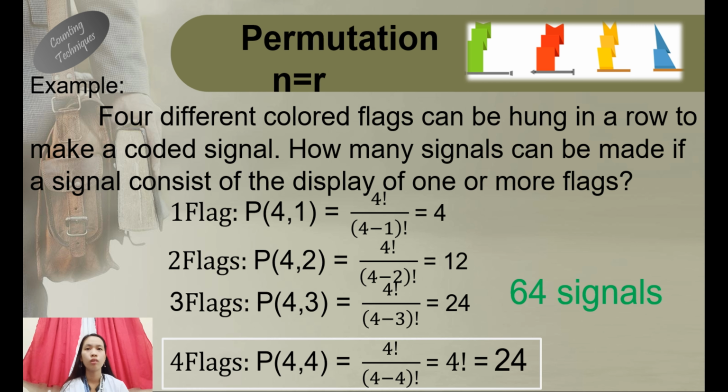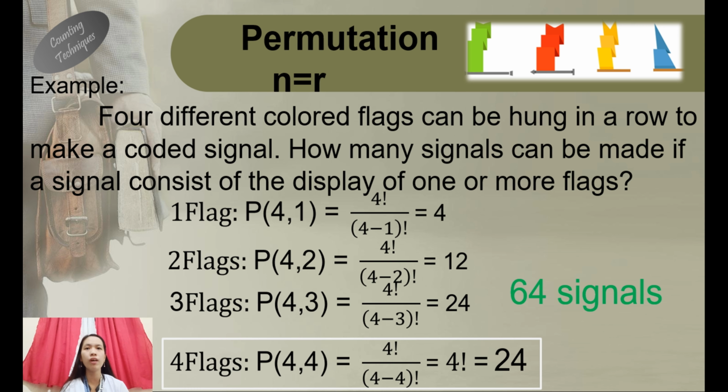Because 4 minus 1 is equal to 3, we come up with 4 factorial over 3 factorial. On 2 flags, the permutation of 4 objects taken twice at a time.